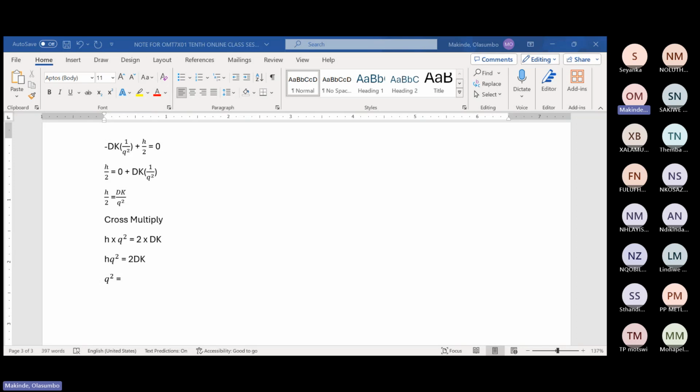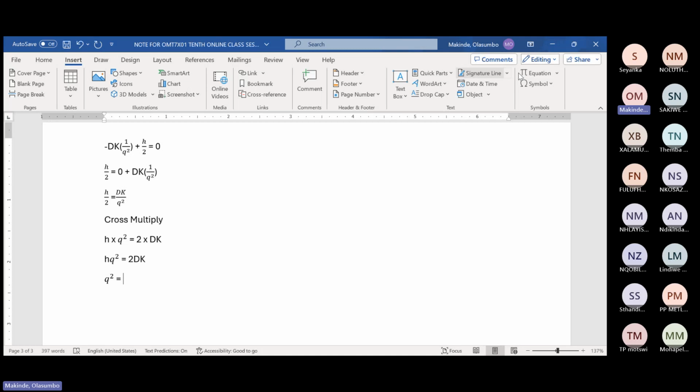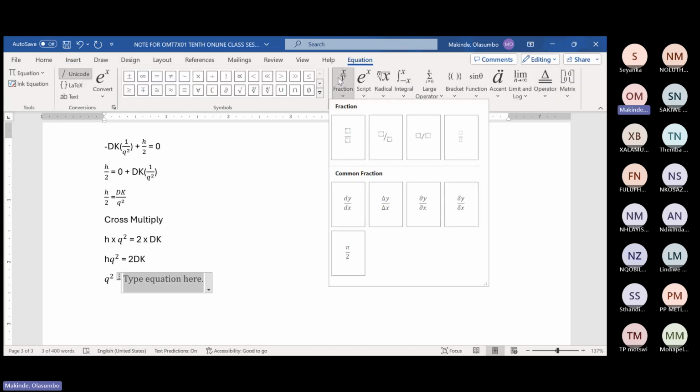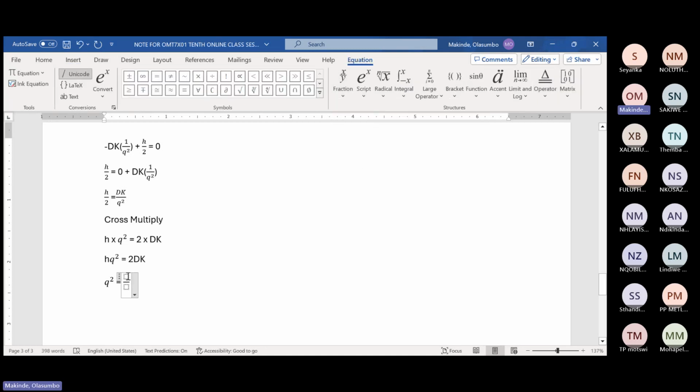If you have questions, feel free to ask. So this will give you, yes? It will give us 2 dk over h. 2 dk over h, thank you. So I want to just, because don't forget I'm using Word here, so it's just to write that 2 dk over h.